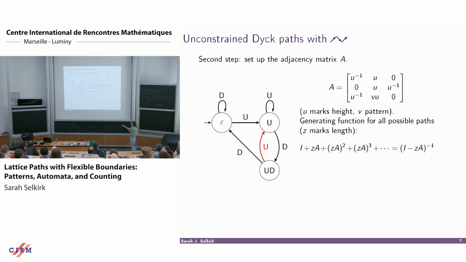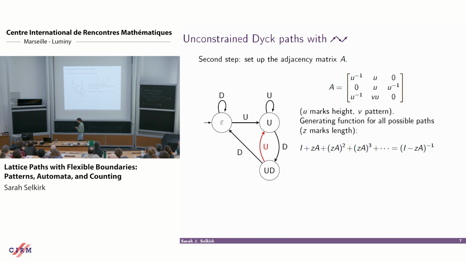So imagining the states are numbered 1, 2, and 3, we form our adjacency matrix, and of course, whenever we have the red transition being taken, we have a V, and in this case, it's an up step, so a U. So we have an adjacency matrix now, which represents what's happening in our directed graph or our automaton.